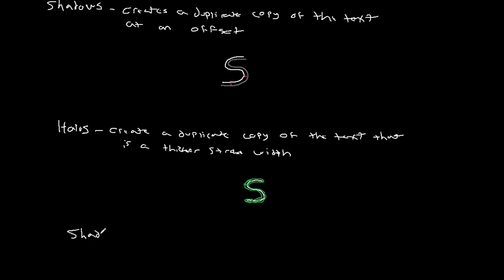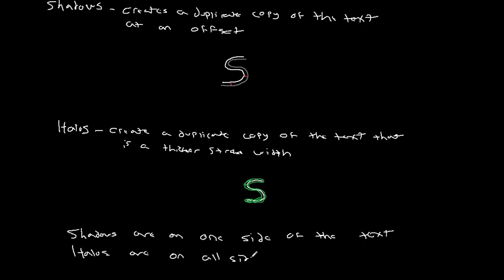Shadows are on one side of the text. Halos are on all sides of the text.